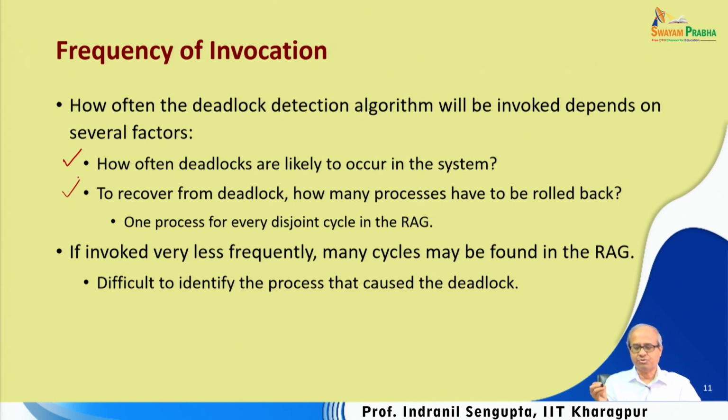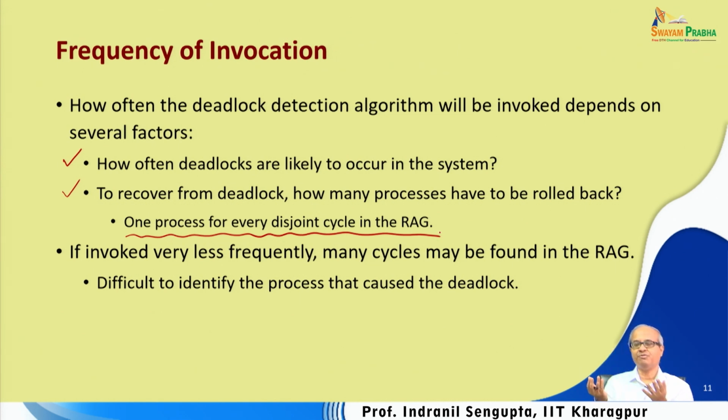So, we have to roll back at least 1 process for every cycle in the RAG. If we invoke this algorithm frequently, possibly we will have to kill 1 process whenever there is a deadlock, a cycle. But if we call it infrequently, for example after 2 hours, we may suddenly find 3 cycles in the RAG.